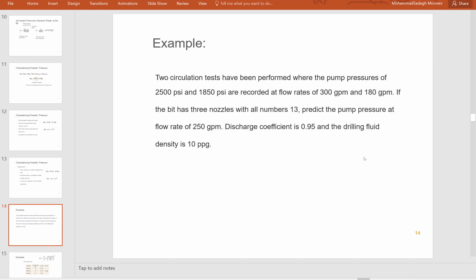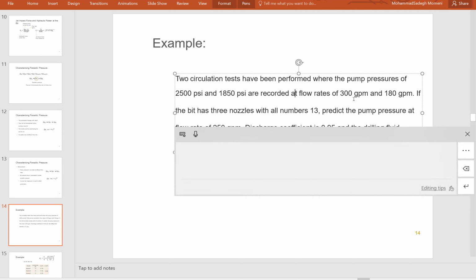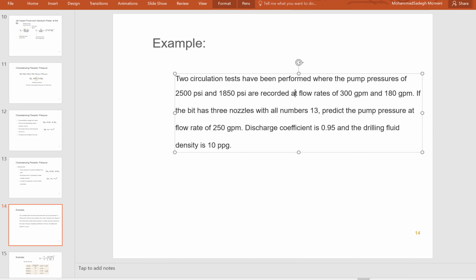So let's go through this example that we have here. Two circulation tests have been performed where the pump has the pressure of 2500 and 1850 and recorded the flow rate of 300 GPM and 180 GPM.